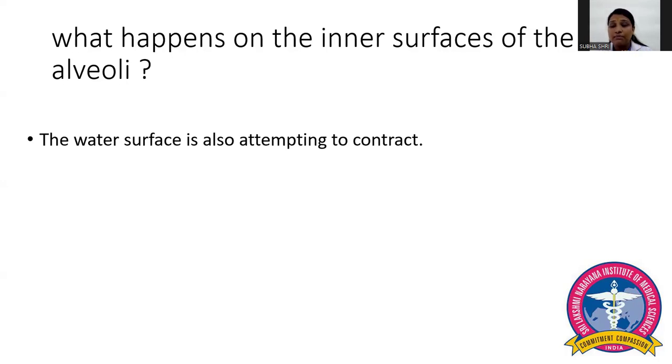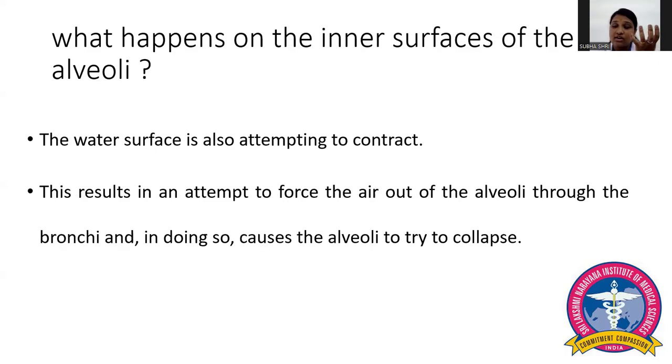The water molecules come in contact with the air. Just as I said before, whenever water comes in contact with the air, because of surface tension, the water molecules try to come closer. So the same thing happens in the alveoli. The thin water surface inside the alveoli will try to come closer.